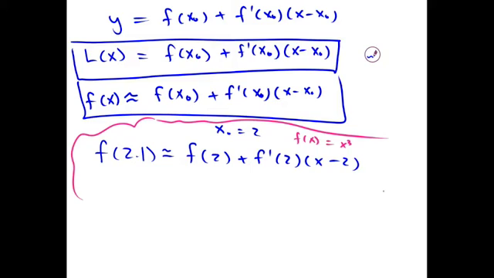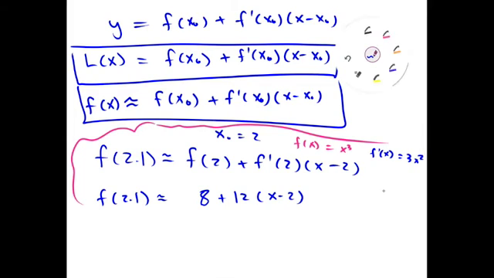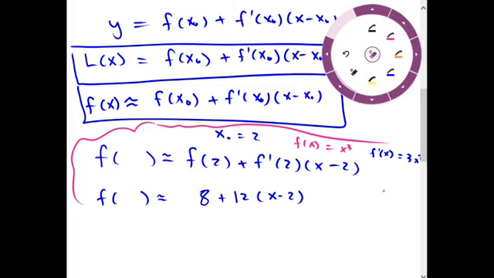We know f of 2 is 8 because it's 2 cubed, and f prime of x is 3x squared. So f prime of 2 is 3 times 4, which is 12. So 12 times x minus 2.